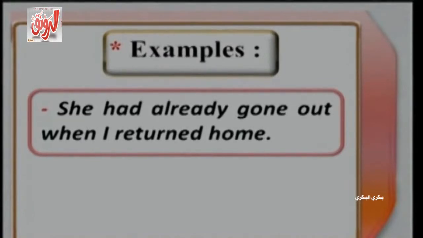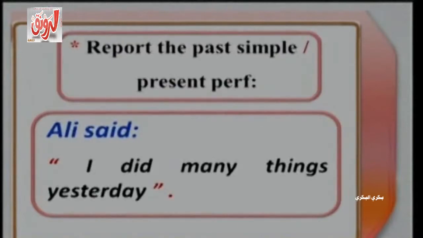In other words, the action written in the past simple is the second, and the first one is written in the past perfect. When I returned home, she had already gone out. She was not at home at the time.